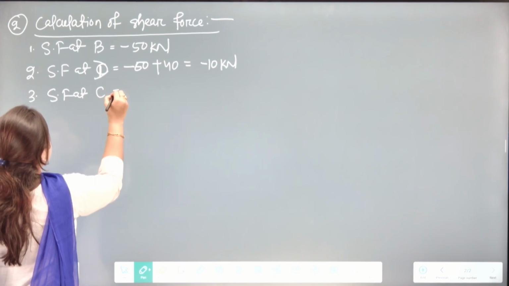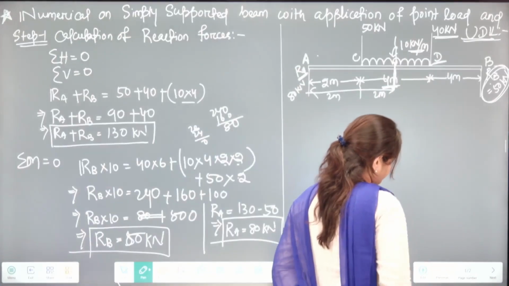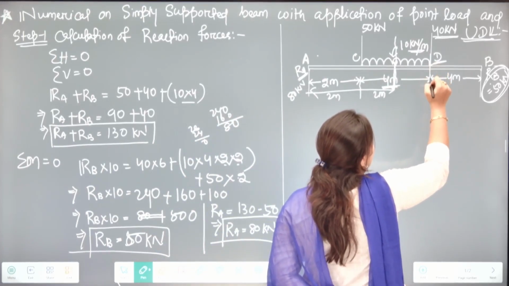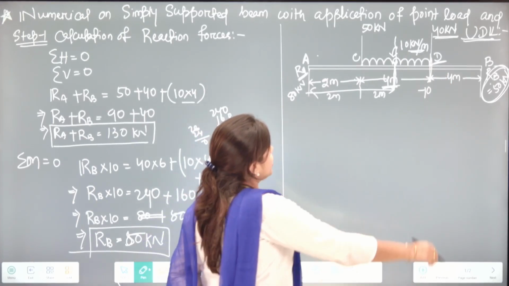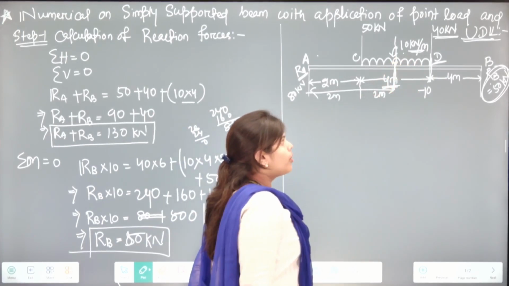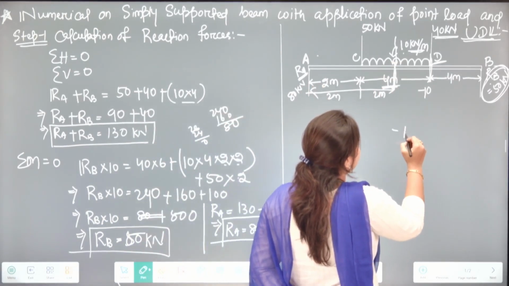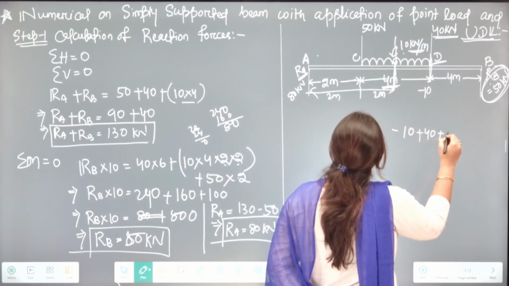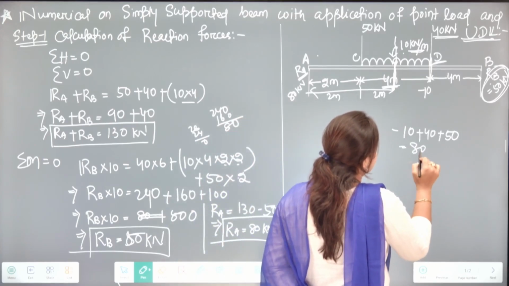Or shear force at C. Up to this point, we have minus 10. So, minus 10 plus this 10 into 4, that is 40, plus 50. So we will have 80.